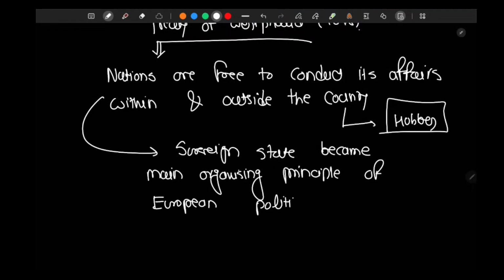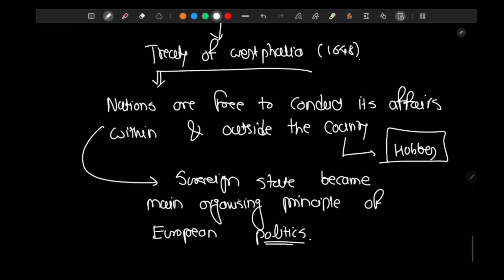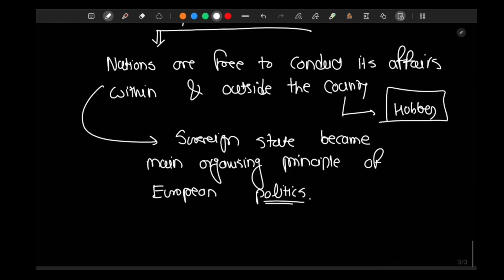The Treaty of Westphalia is about the sovereignty of nations. It is mainly about saying that the state will control its relations and internal affairs.